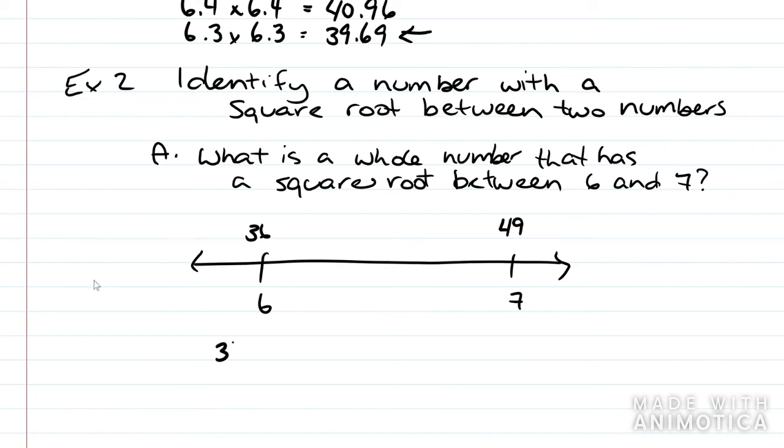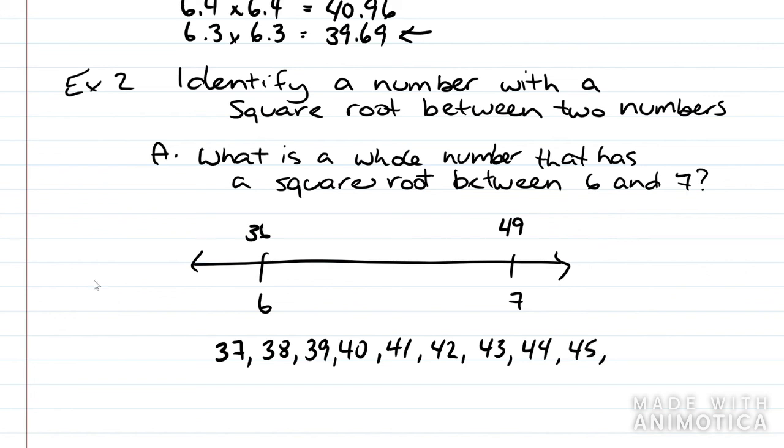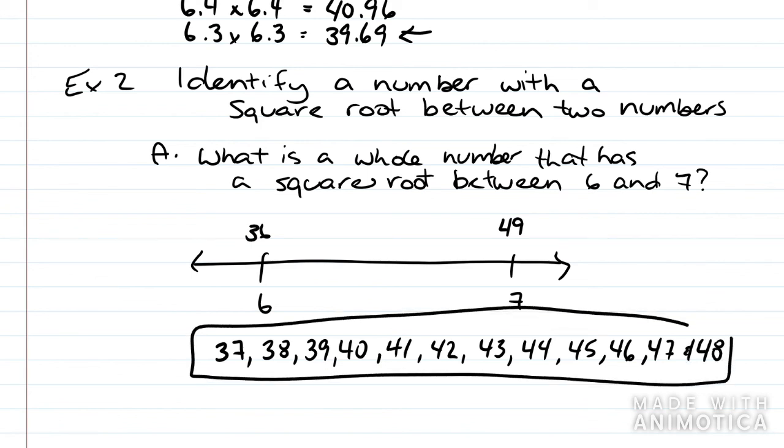There's 37, 38, 39, 40, 41, 42, 43, 44, 45, 46, 47, and 48. All of these are whole numbers that could have a square root between 6 and 7.